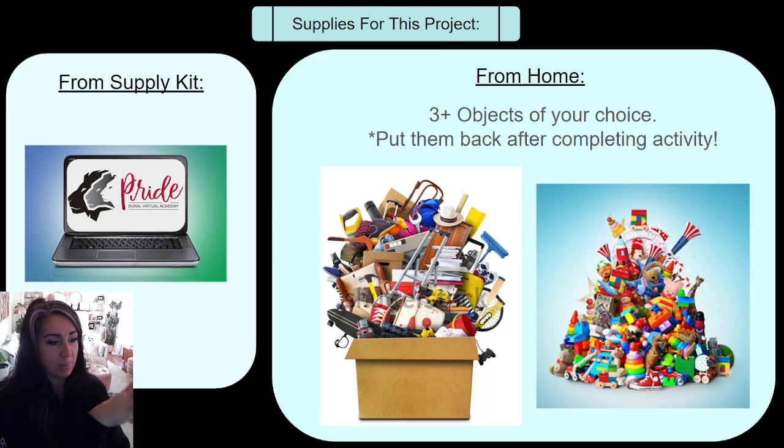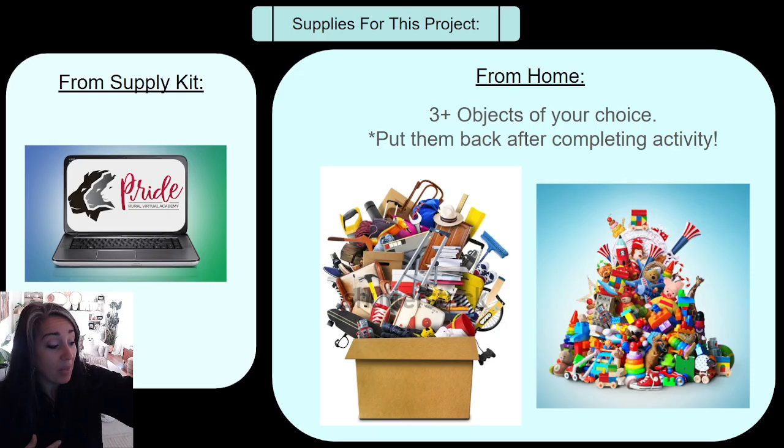And then objects from home. You don't need a big pile of objects. You just need 3 objects from home. It works well for this project if they're all around the same size. They don't have to be exactly the same size or exactly the same thing, but you might not want to have a glue stick and then a basketball hoop and then a car.